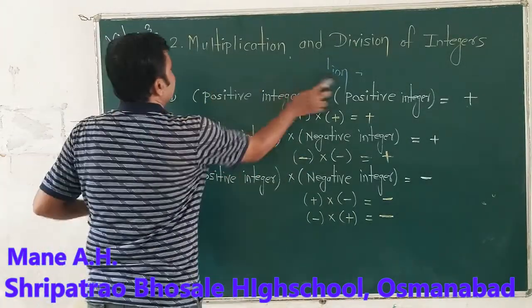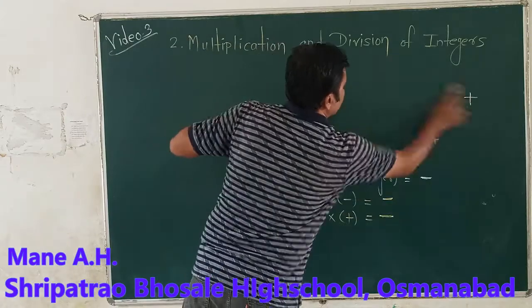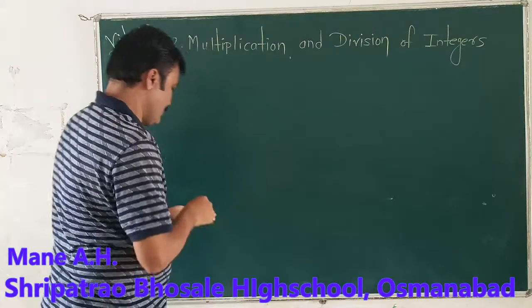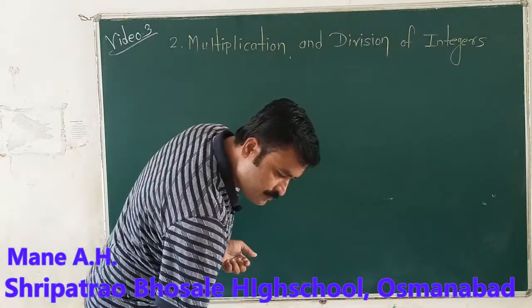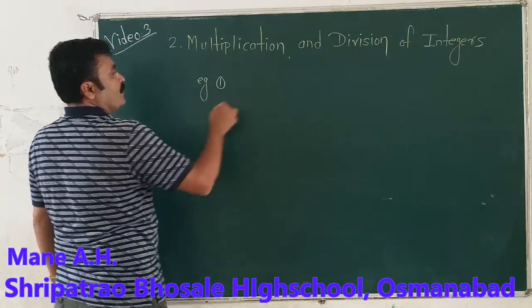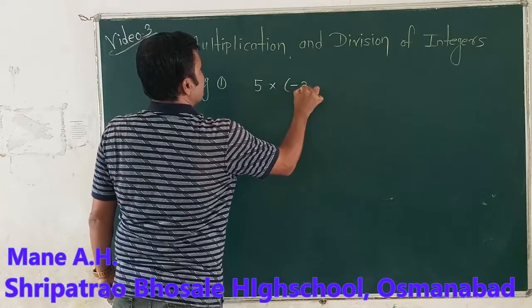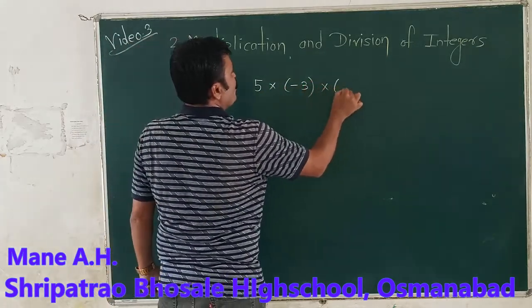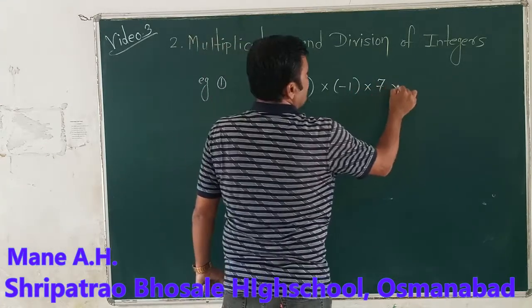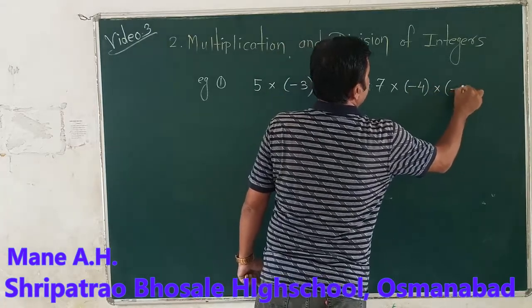So the next example that here I am taking, the example in this way, that is 5 into minus 3 into minus 1 into 7 into minus 4 into minus 2.